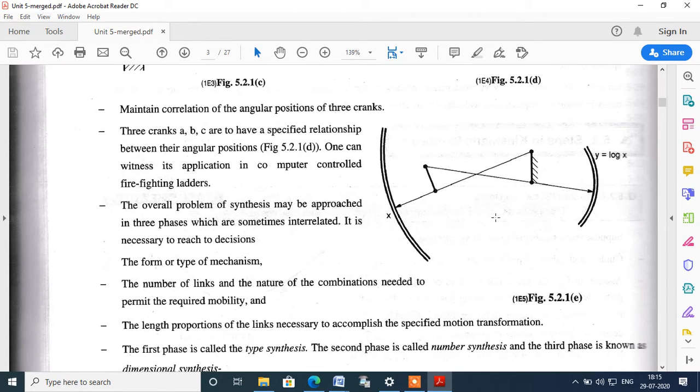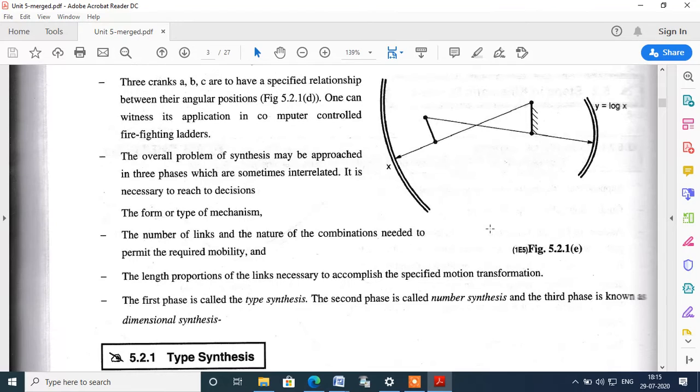Which type of mechanism you have to use comes under the first phase, that is type synthesis. Second phase, how many elements are required, comes under number synthesis, and the third phase is known as dimensional synthesis, in which dimensions are an important part of the synthesis.